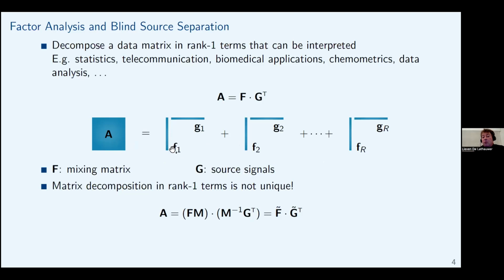You can stack all the F vectors in some F matrix and all the G vectors in some G matrix, and then any non-singular matrix that you put here, and its inverse, gives you a new factorization. So this is obvious. Decomposition in rank 1 terms in the matrix case is not unique, and so you don't have this nice property. So really with the CPD for tensors, you have a new tool. And then you could say, okay, wait a second.